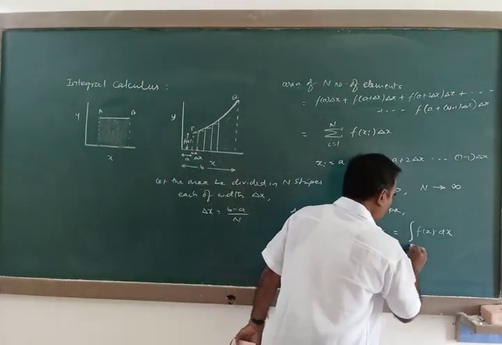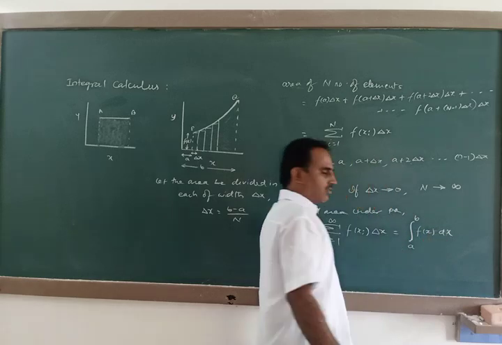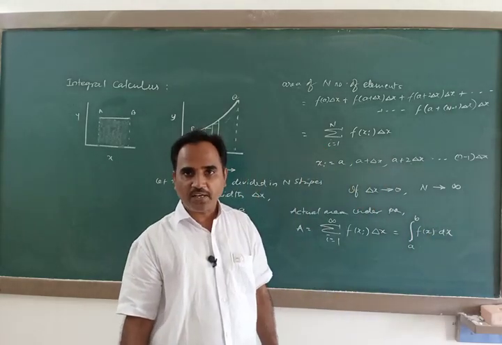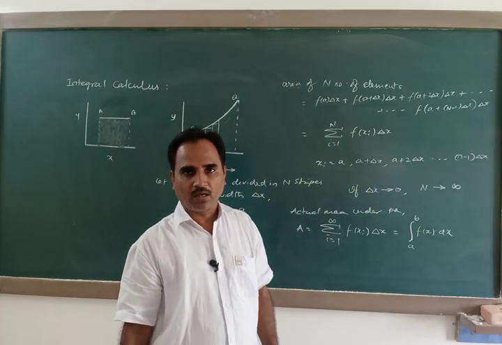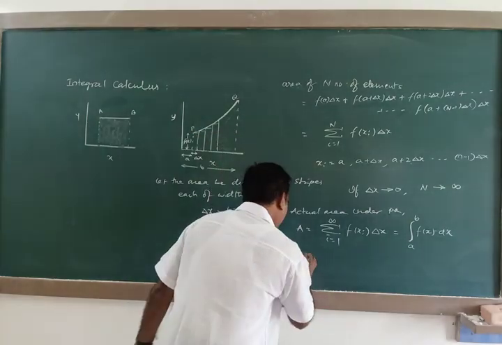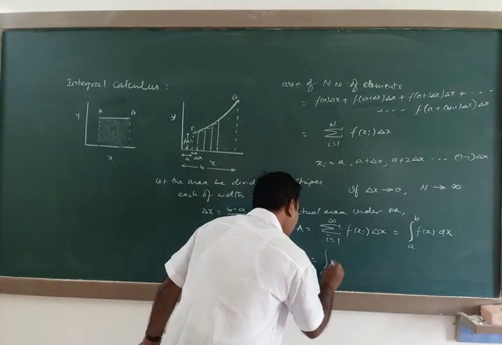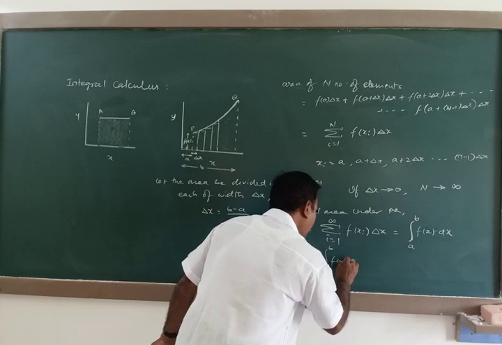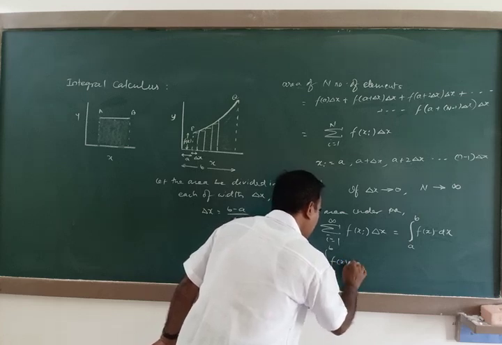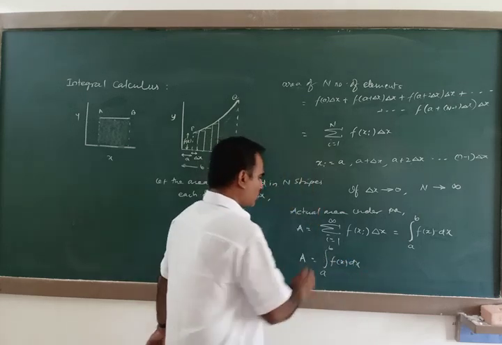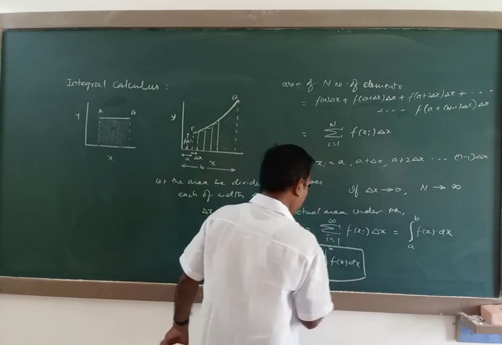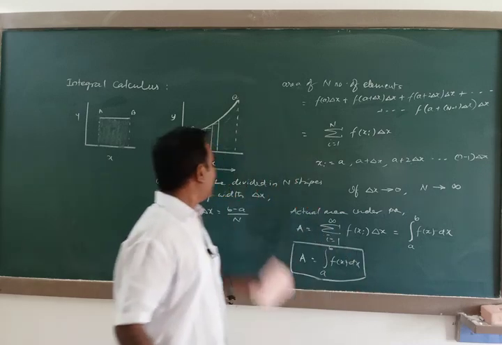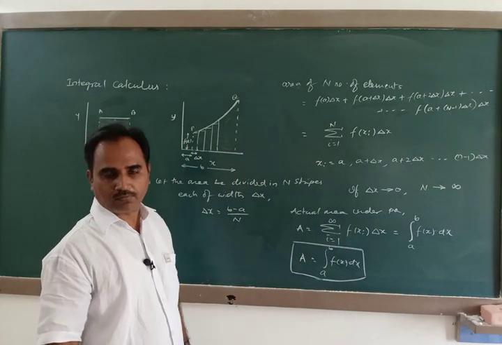When you use these limits, this is called a definite integral. So this area A is represented as integral a to b f(x) dx. So this will give you the area under this curve PQ.